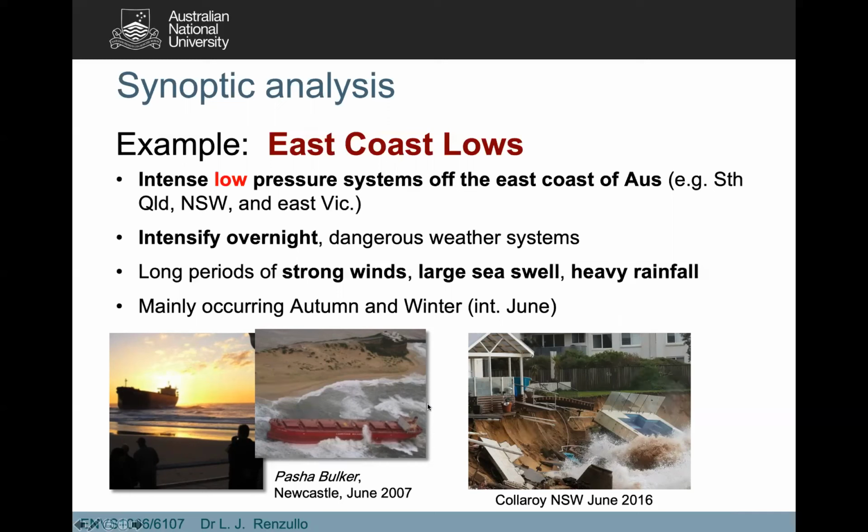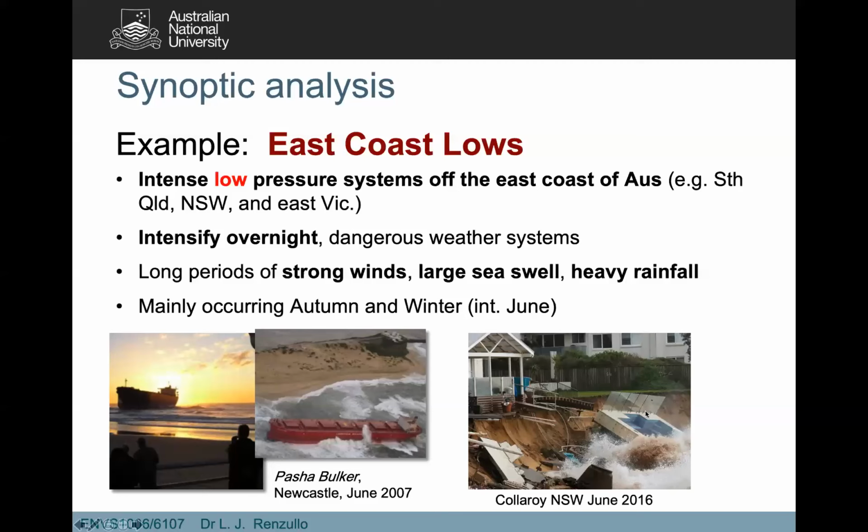Back in 2007, the Pasha Bulker, a bulk carrier, was hit by one of these systems. Newcastle and the surrounding areas suffered lots of storm damage. This ship ran aground on Nobby's Beach in Newcastle in June, a consequence of an East Coast low.